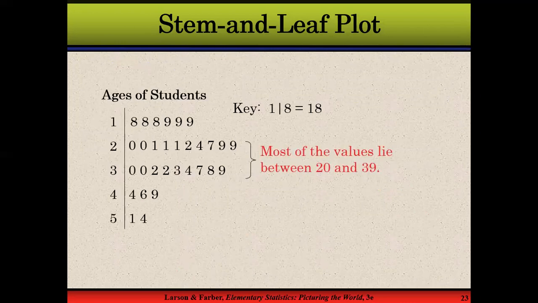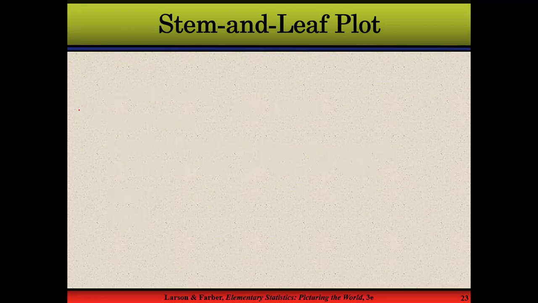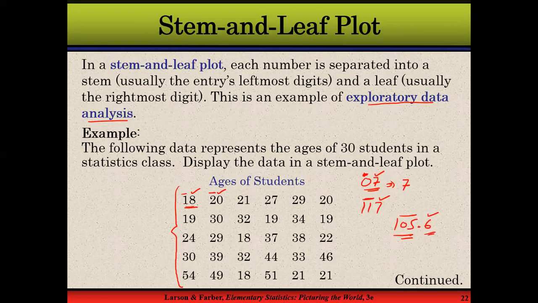Here we have converted the complete data into a stem and leaf plot. You can see that we identified the stems first, and there is no data value in the data set that starts with 0. The lowest value is 18, which starts with 1, and then the stems are 2, 3, 4, and 5.